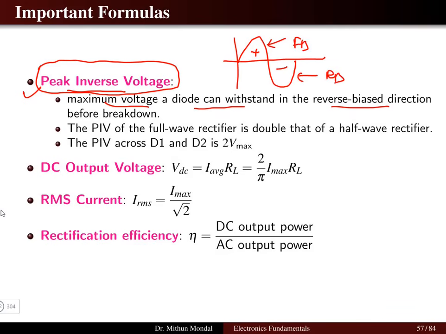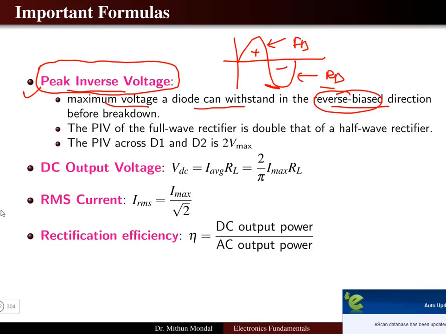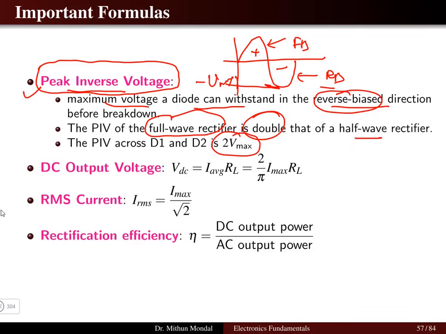In the reverse bias condition, the negative maximum is basically the peak inverse voltage for the half wave rectifier. In the full wave rectifier, that will be double that of the half wave rectifier, so 2 times Vmax. Whatever the Vmax is, with a negative sign, that will be twice in the case of peak inverse voltage for the full wave rectifier. In the half wave rectifier, it will be only Vmax.